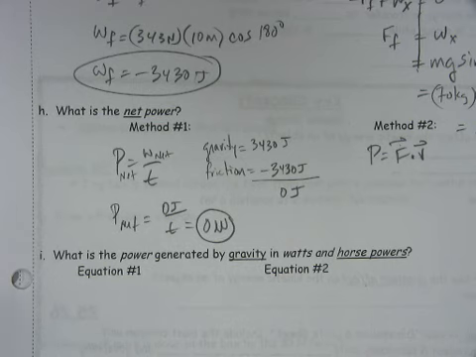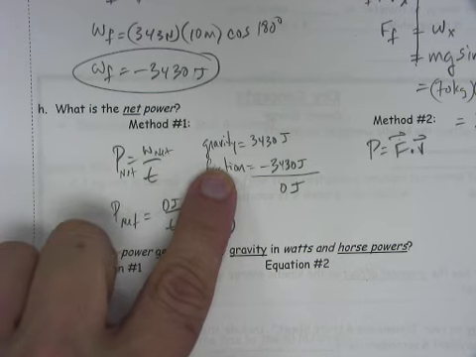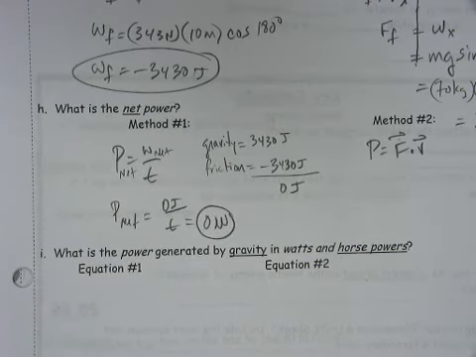But also remember this, friction did negative 3,430 joules. What does it mean that friction did negative 3,430 joules? Well, it means that 3,430 joules were taken away from the box. That would cause it to slow down. So you have two things doing work. One's causing it to speed up, the other's causing it to slow down, and they're doing it in equal values, just opposites.